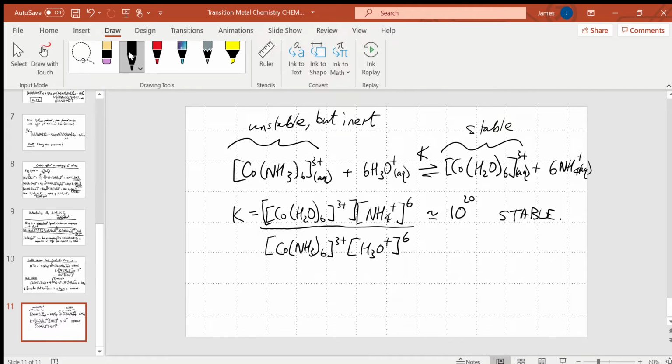So inert, this seems like an oxymoron. Unstable here sounds like we're saying it's reactive, but inert means not reactive. So when we say unstable, we don't necessarily mean reactive, because here we have something that's unstable, but it's not reactive.